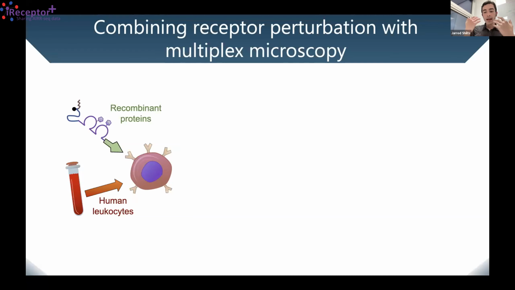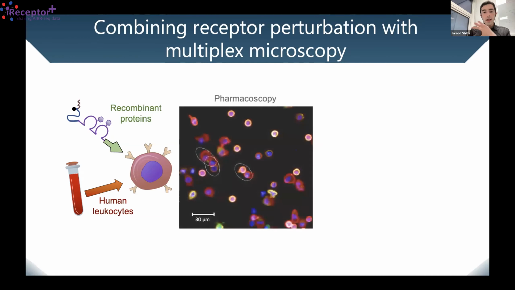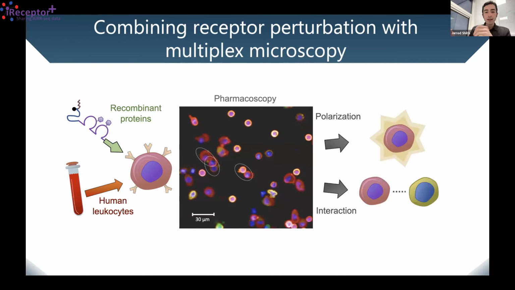So we wanted to create a method that allows us to more globally survey what functions these novel receptor interactions are having, where we could isolate primary human leukocytes, stimulate them with purified recombinant proteins encoding the binding partners we discovered in our screen, and then use this really nice multiplex microscopy method that was invented by our collaborators at ETH Zurich in Bernd Schneider's lab, that allows you, in this same analysis pipeline, to look at cell activation states.